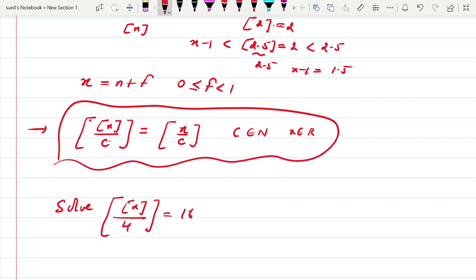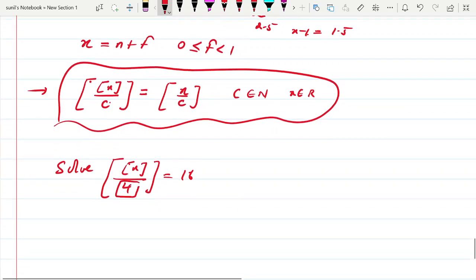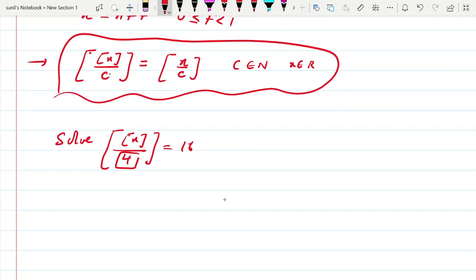Now see, this denominator is a natural number, so it is directly linked with the property. And bracket of bracket x upon 4 is nothing but bracket x by 4, equals 16.